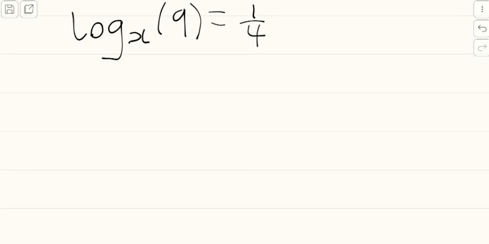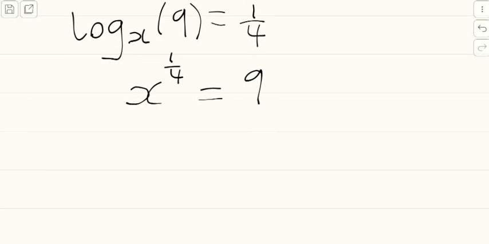Okay, so to get from x to 9, we raise x to the power of a quarter, which gives us 9. So we say that x to the power of a quarter is going to be equal to 9.